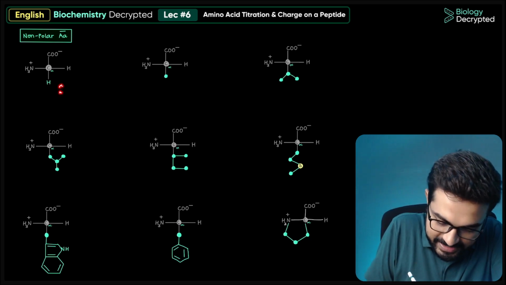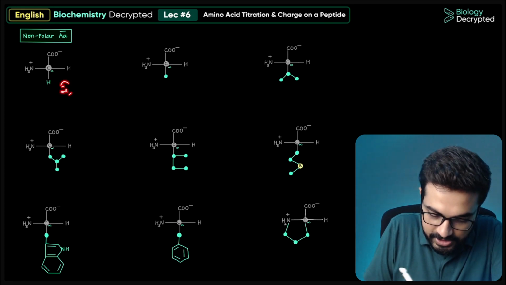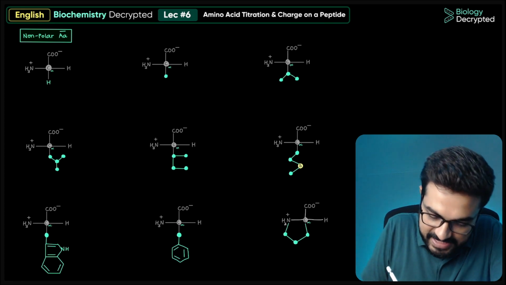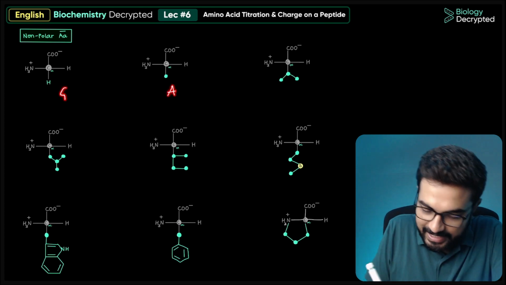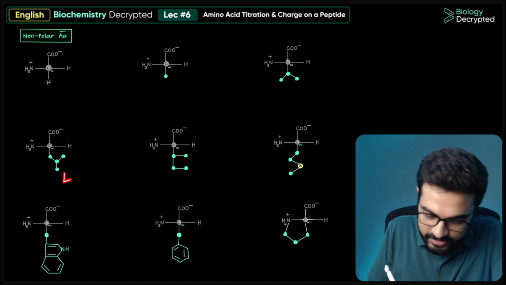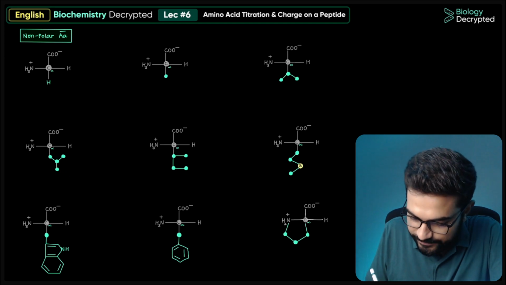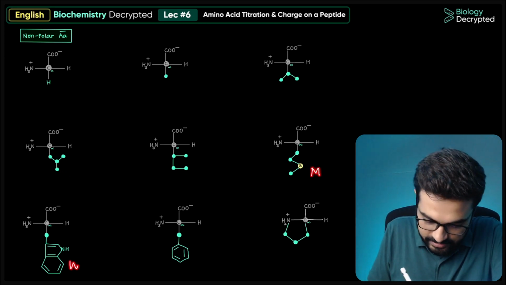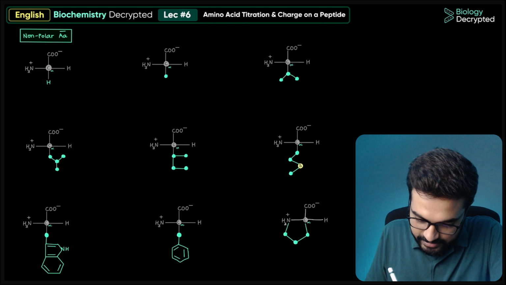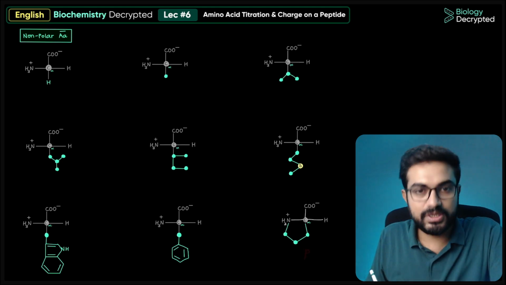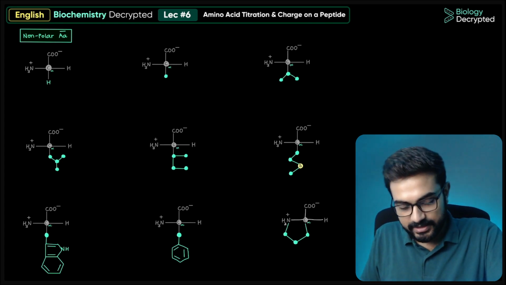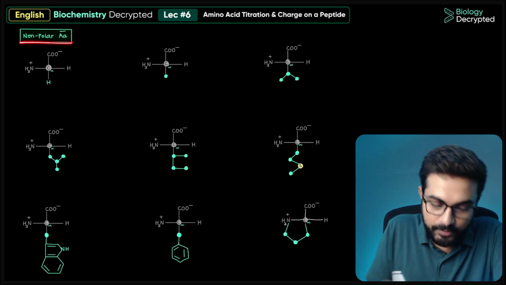This is glycine, G. Then this is alanine. So glycine, alanine, valine, leucine, isoleucine, this is methionine, this is tryptophan, this is phenylalanine, and this is proline. So GAVLI, MWFP, these are all the non-polar amino acids.